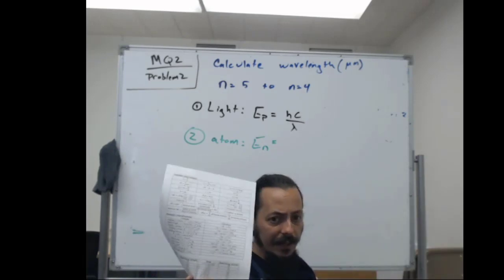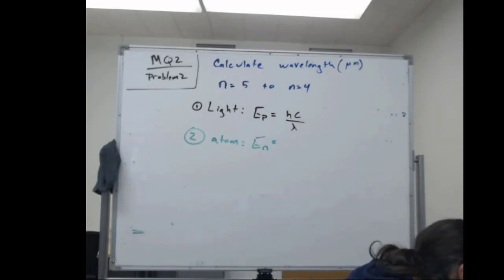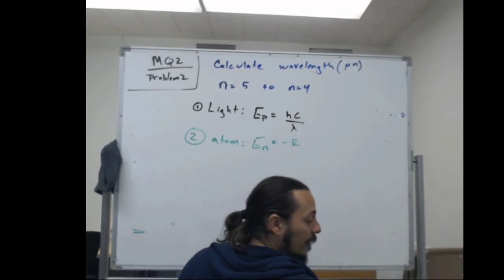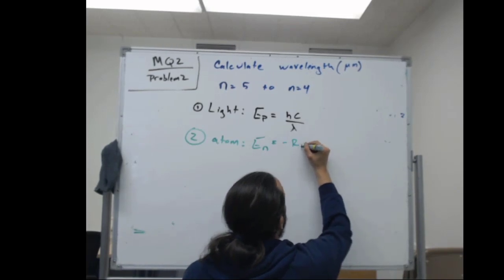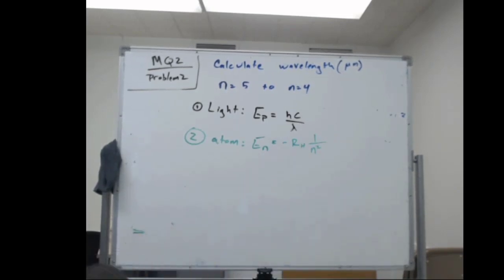I'm going to look at it on the equation sheet because I don't have these things memorized. I probably should, because it's actually not that hard of an equation. Negative RH times 1 over n squared. Seems simple enough.